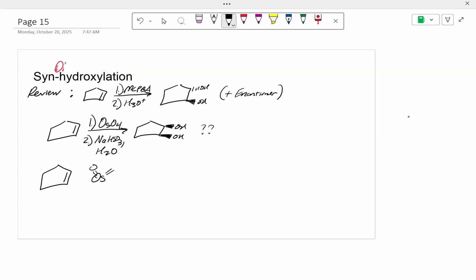So here's osmium tetroxide, and this is a concerted mechanism. I'm going to use the pi electrons to make a bond to one oxygen. These pi electrons will move to the osmium. These pi electrons will make a bond to the other carbon.